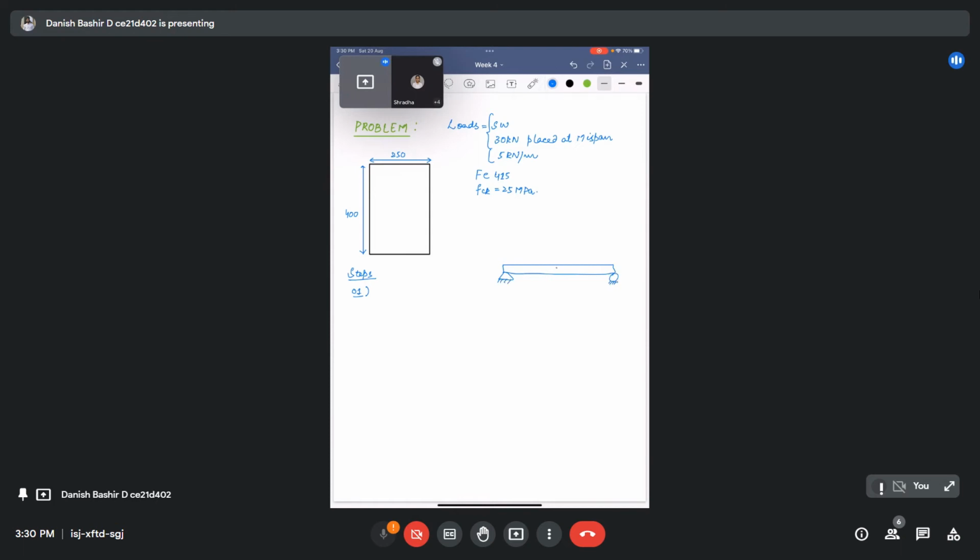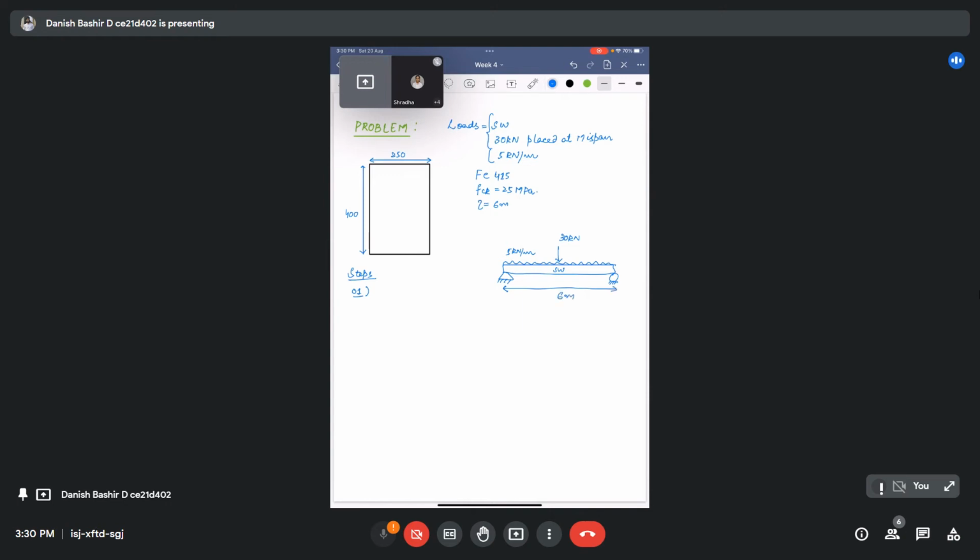It is subjected to its self weight SW, and it is subjected to a dead load of 5 kilonewton per meter, and it is subjected to 30 kilonewton at mid span, and, sorry, I forgot to mention its effective span. L is 6 meter.